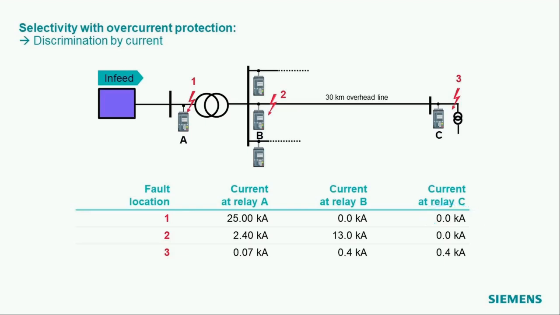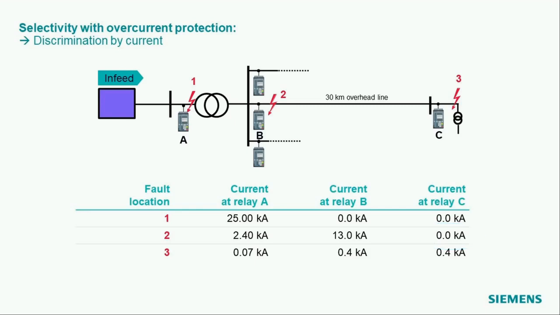If I have a fault at location number 2, then relay A will see only 2.4 kiloamp. Relay number 2, that is the distribution side, of course there we have higher currents because the voltage is lower, sees 13 kiloamps, and the relay at location C doesn't see anything.